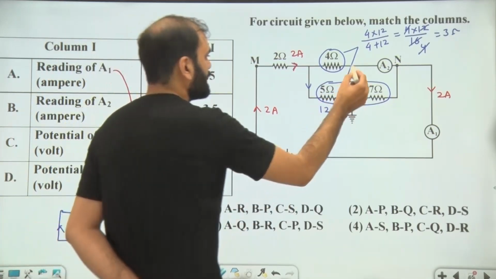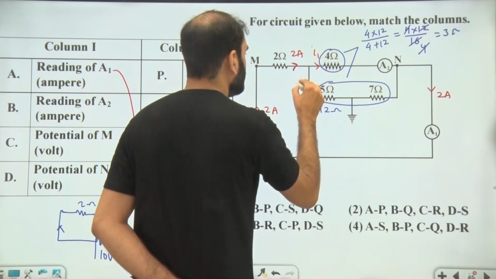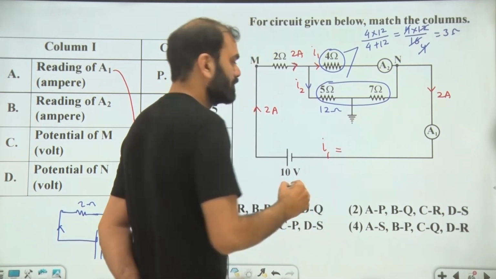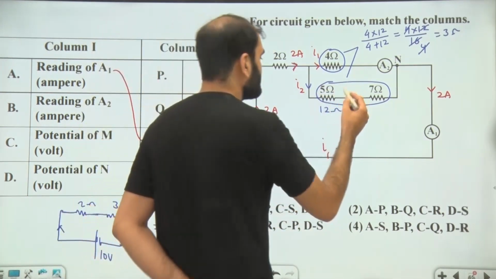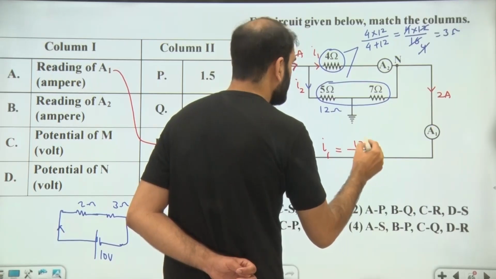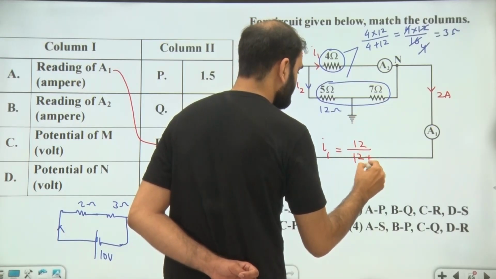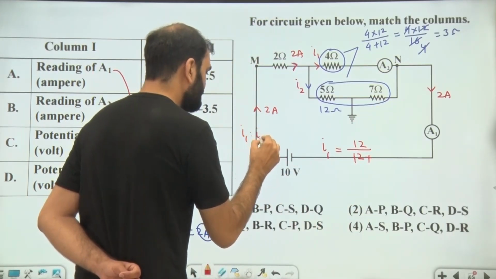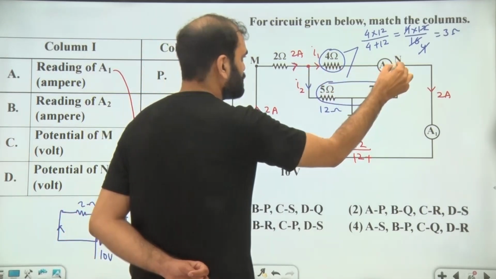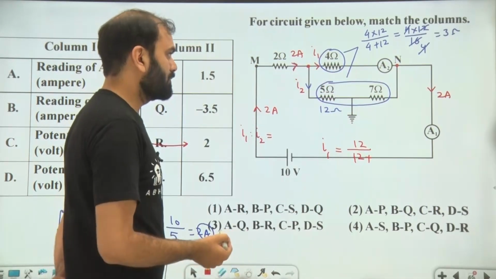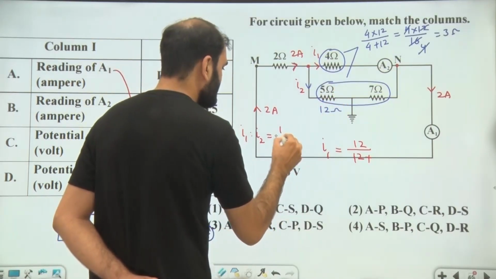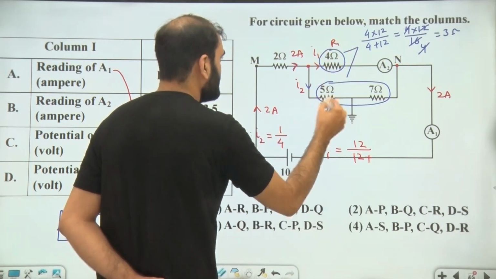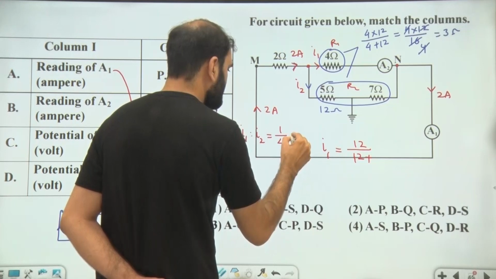For the reading of A2, you have to calculate the current in this branch. Let's say that current is I1 and this current is I2. So I1 can be written by noting that the current will divide inversely proportional to R, because the potential difference between these two points is the same. So I1 ratio I2 is 1 upon R1 to 1 upon R2, that's 1 upon 4 to 1 upon 12.